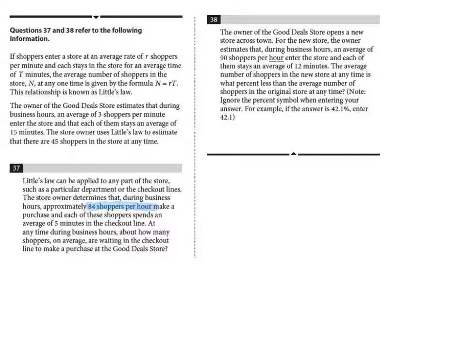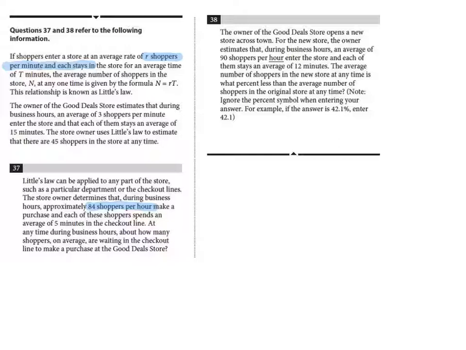N is the average number of shoppers in the store, R is shoppers per minute. Okay, so if we're at 84 per hour, we need to convert that into minutes.